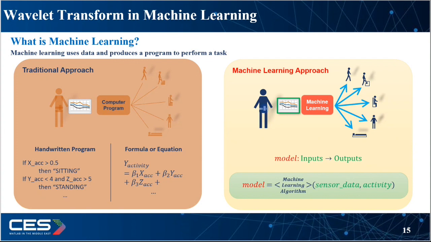So what we have basically is some signals coming from an accelerometer or any other sensor that we usually use for collecting human activities. Before, we used to have a formula or equation, but this time we only collect the data and we label it.